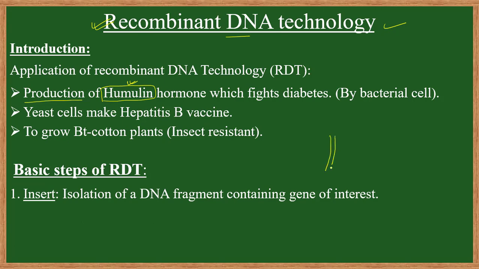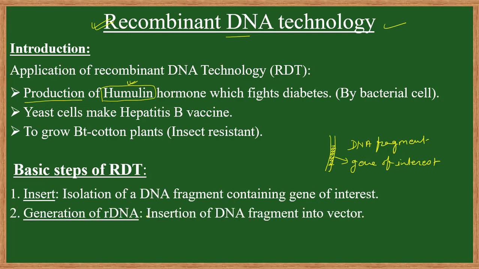Suppose this is a DNA fragment, and suppose this is the gene of interest, meaning the desired gene, and this gene is applicable. So first we have to isolate the DNA fragment which has the gene of interest.